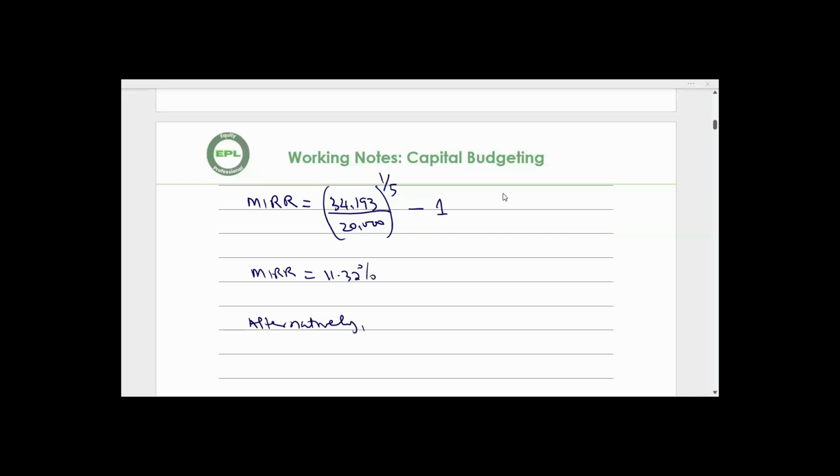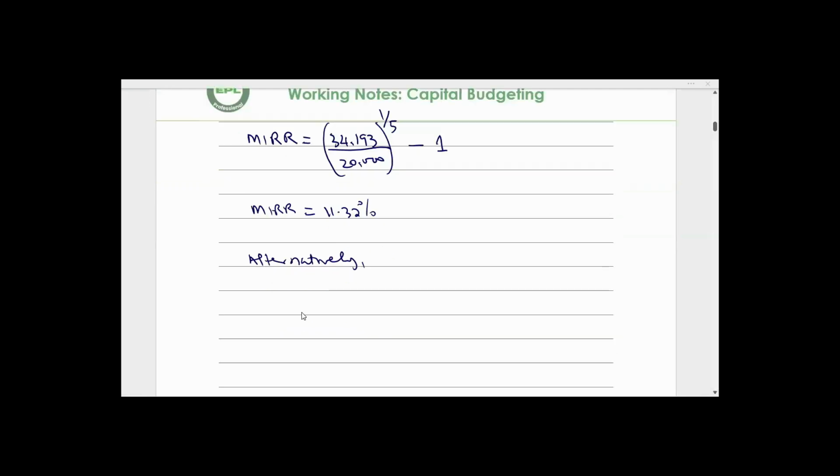Raised to power 1 over 5. You are going to start from the power. That's root 5. That's 0.2. Okay, I got it now. All right then. Thank you. You're welcome.